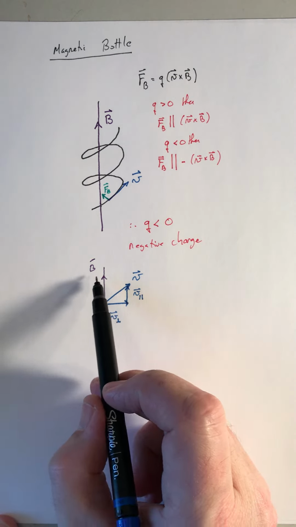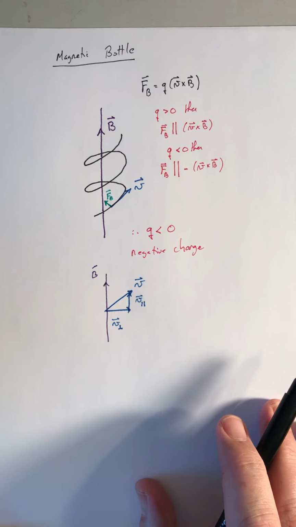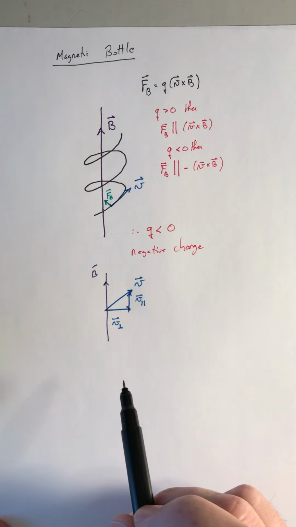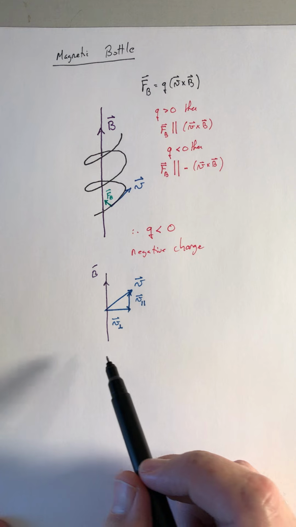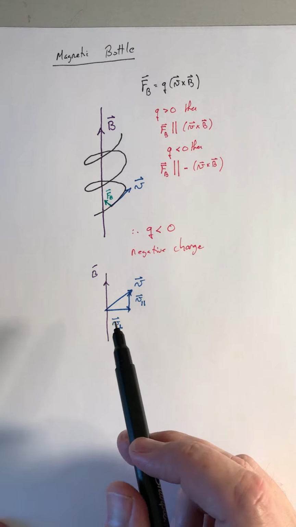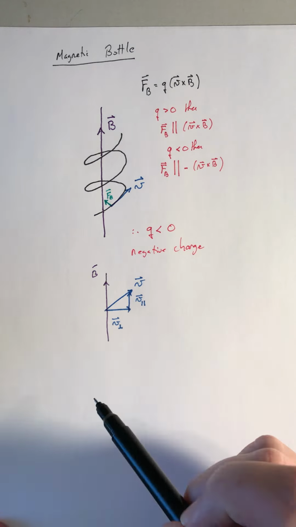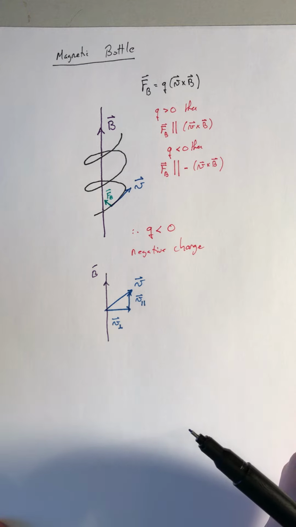Now, if the magnetic field is not uniform, then you can get what is called a magnetic bottle. This is basically what populates charged particles in the magnetic field for the Earth. All those magnetic field lines are converging at the poles, the magnetic poles of the Earth.